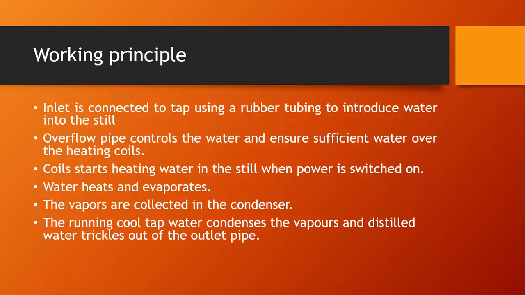Now what happens is, when we connect to the tap, there's a chance that it can overflow. Okay, so there is an overflow pipe. The limit for that will be marked. So if the liquid goes beyond that limit in the still, the extra water is removed from the still using the overflow pipe that is present in the still.